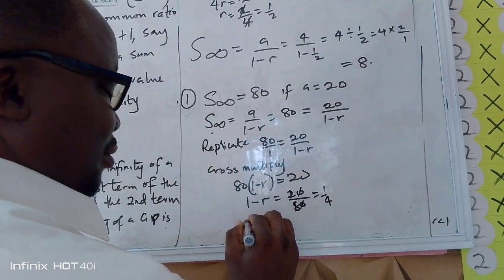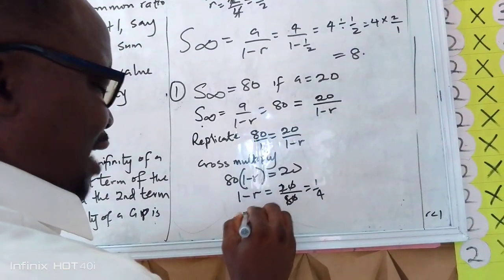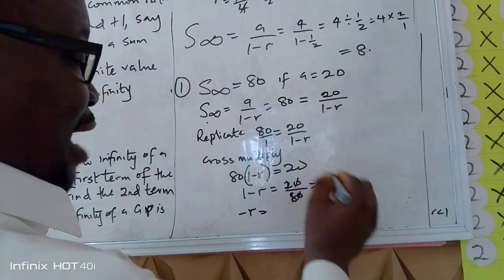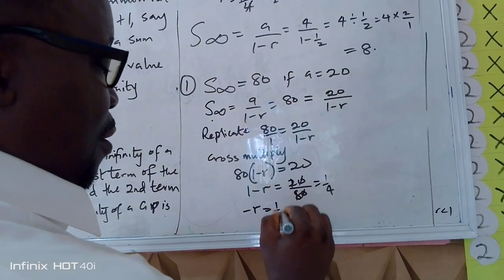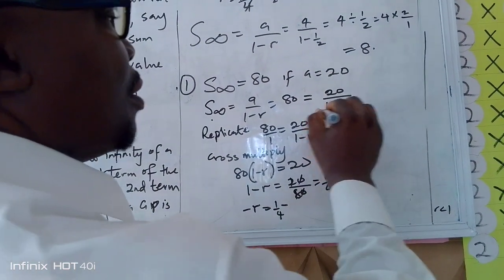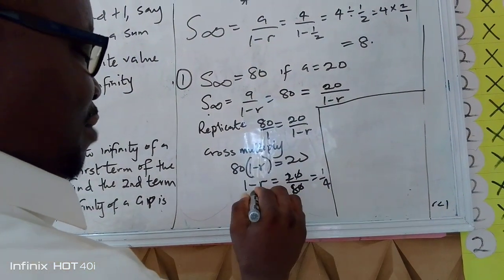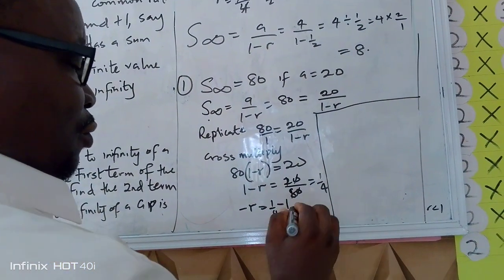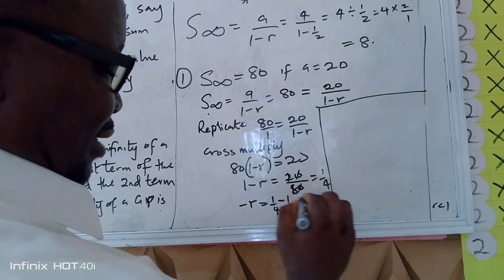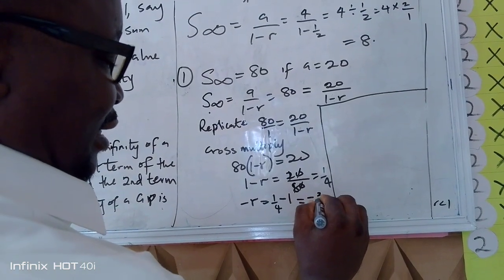So my minus r will be 1 over 4 minus 1, which will give me minus 3 over 4.